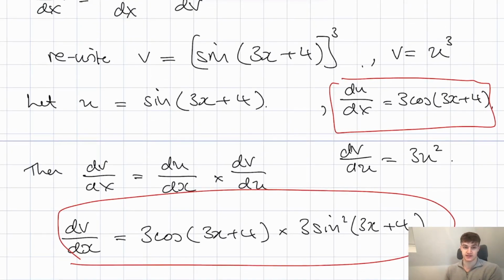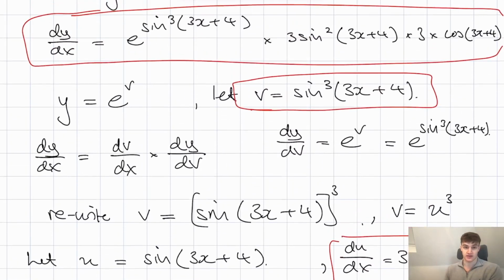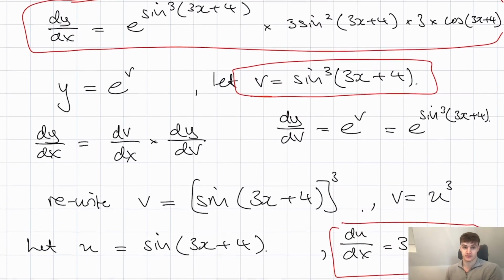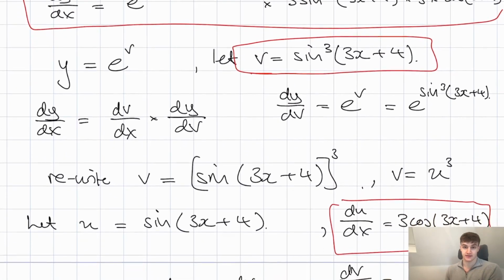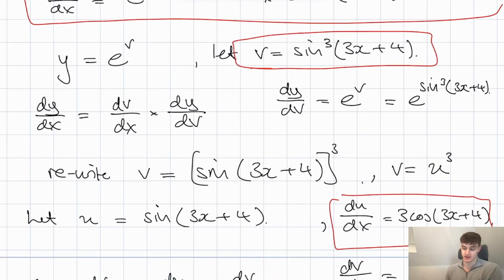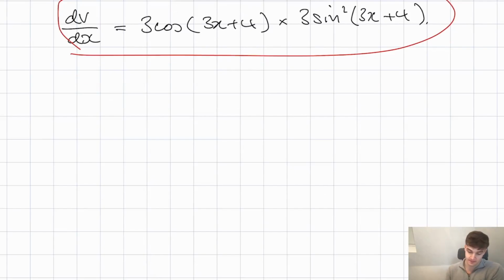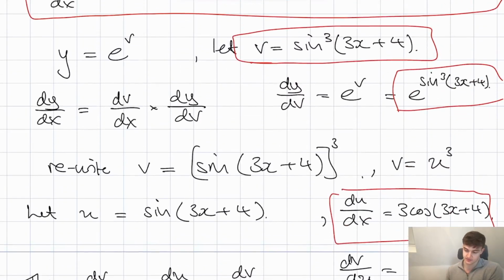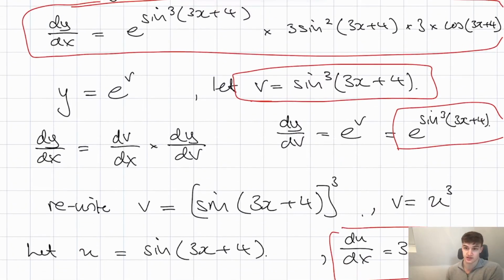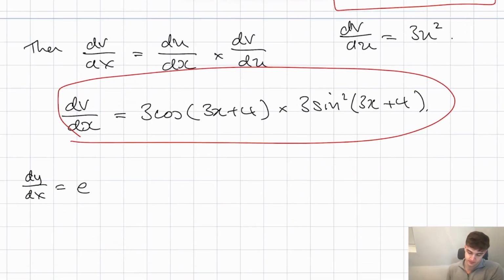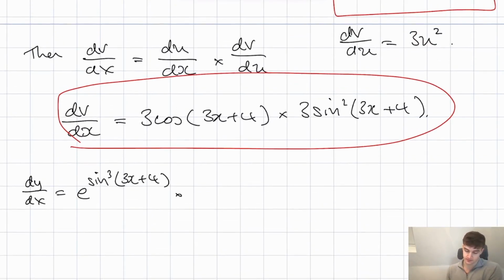So this is dv by dx. So we've got our two pieces now. We have dy by dv and dv by dx. So all I need to do is put everything together and I get dy by dx is dy by dv, which is e to the sine cubed 3x plus 4, times dv by dx.